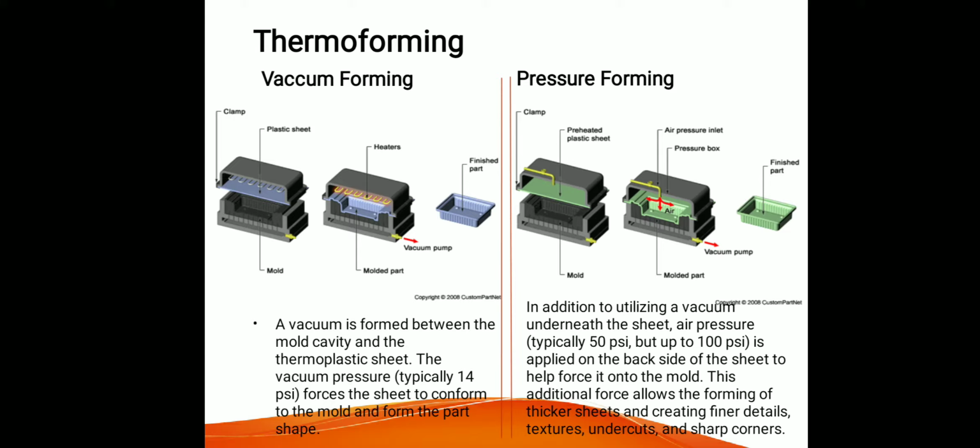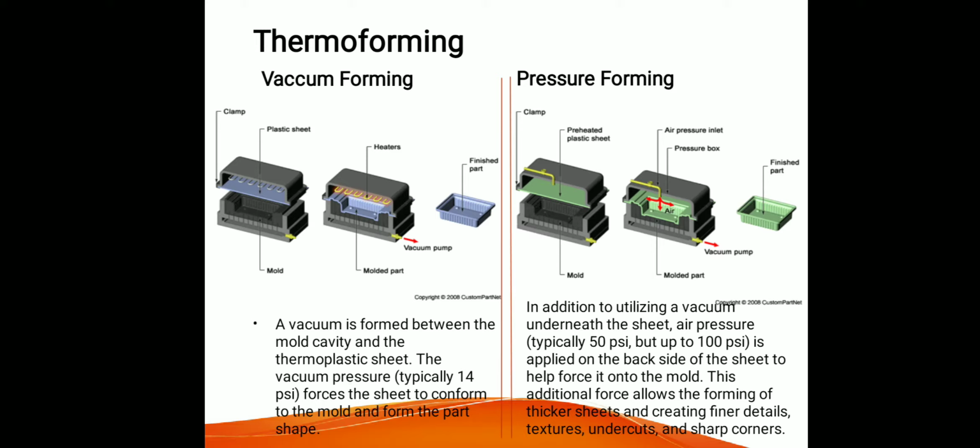Then the second type, that is pressure forming. It is similar to vacuum forming, but here we apply air pressure from the top. We clamp the preheated plastic sheet, and at the bottom there is a mold.